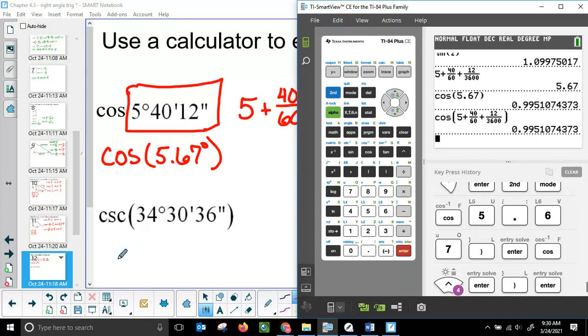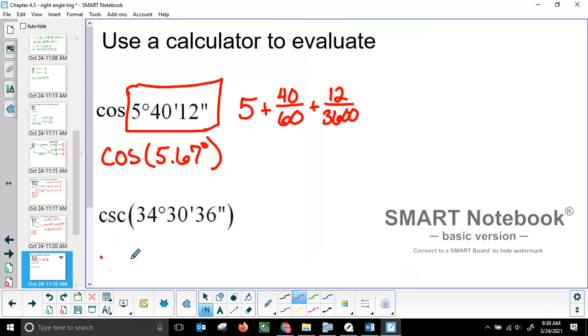Here, cosecant. Remember we talked earlier about cosecant of theta being just equal to 1 over sine of theta.